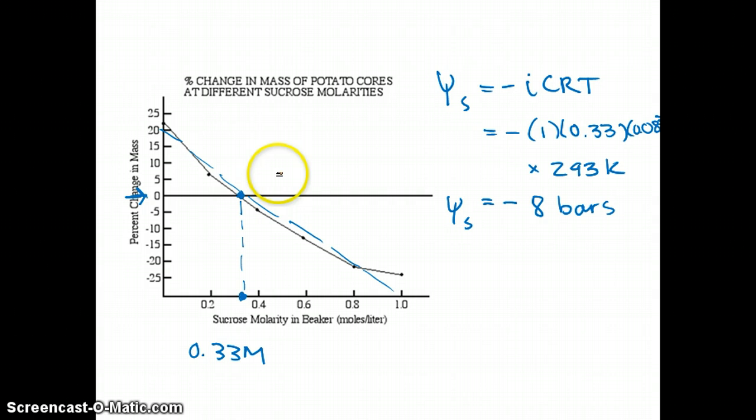Excellent. Very nice. Do you see how you can use that graph and that information to figure out the solute potential of a cell that is in dynamic equilibrium? You can figure out the solute potential inside of the cell. That becomes really important. I also want you to think about what this graph represents.